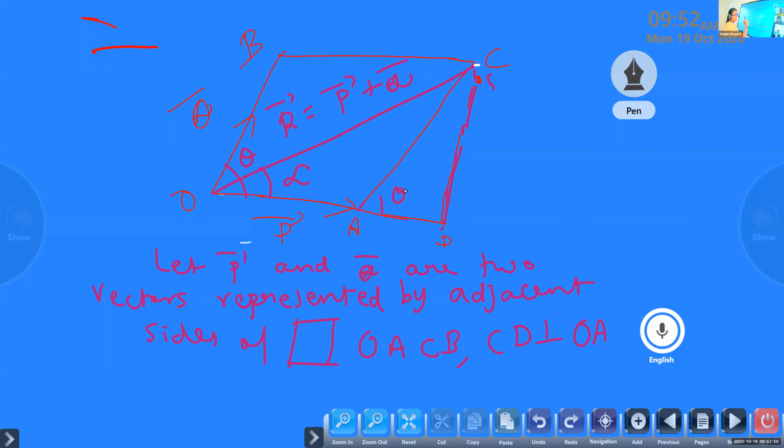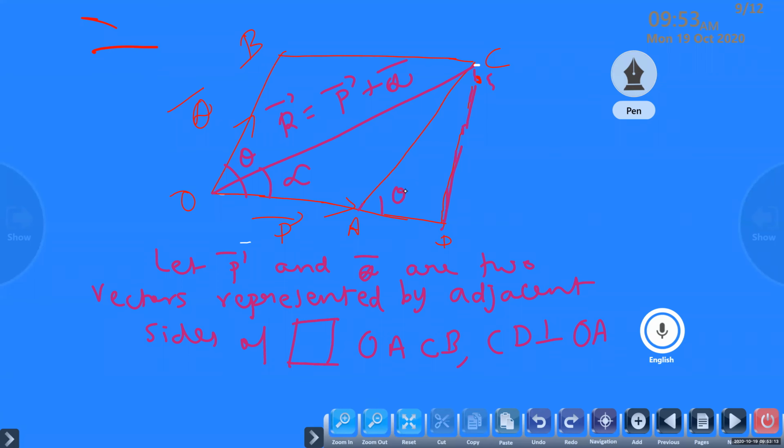Anyone remembers? What is that angle? Not acute angle. Alternate angle, vertical opposite angle. Can you remember the theorem of it?